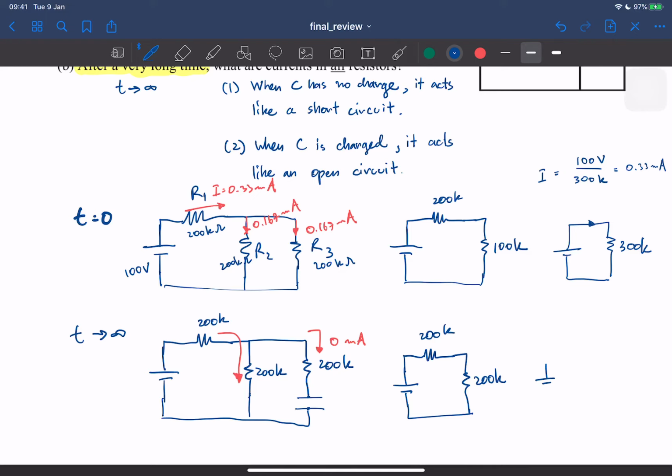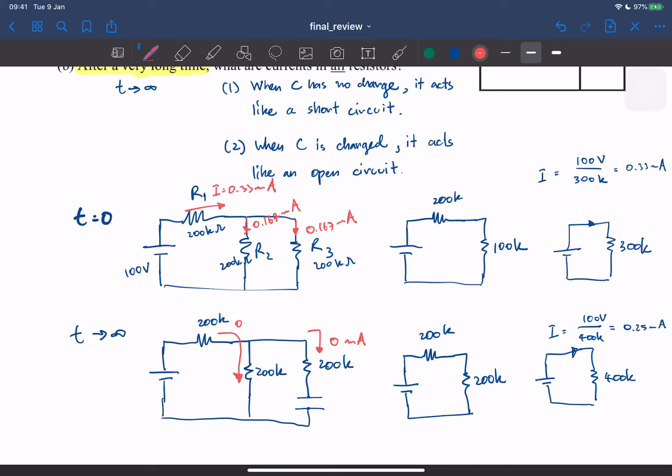So that means the total resistance now becomes 400K. The total current I here is the same total current that you have in this circuit. So I here will be 100 volts divided by 400K, so that's going to be 0.25 milliamps.